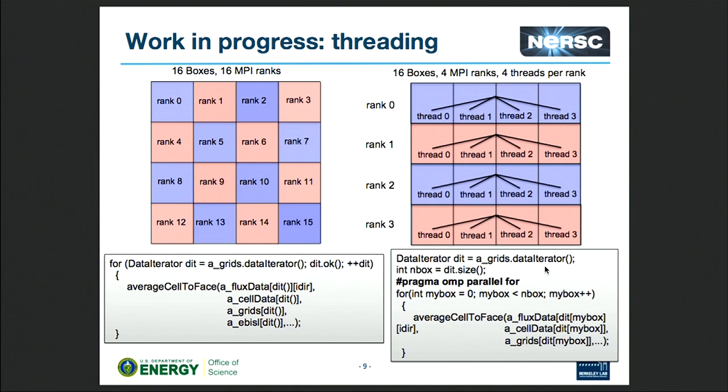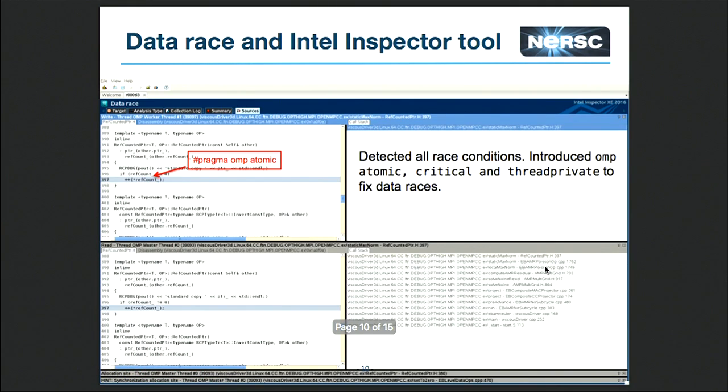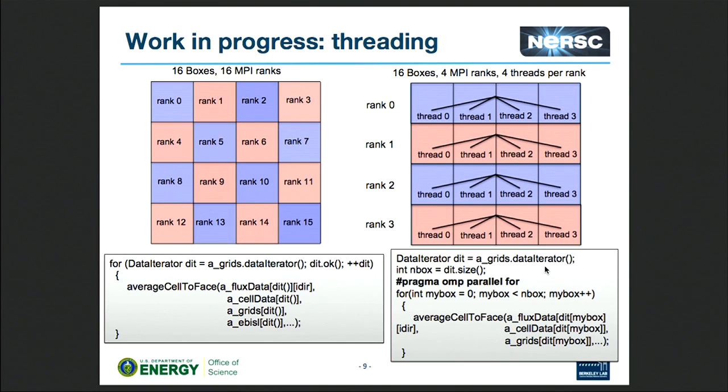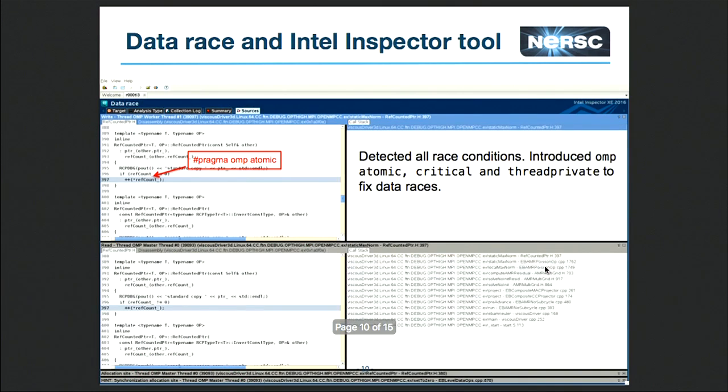The first problem which we got was multiple race conditions. It's a very high level implementation of OpenMP in the code. There are about 10 nested functions which are called from, let's say, average cell to face function.